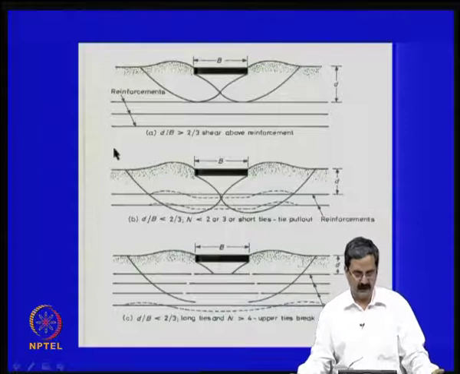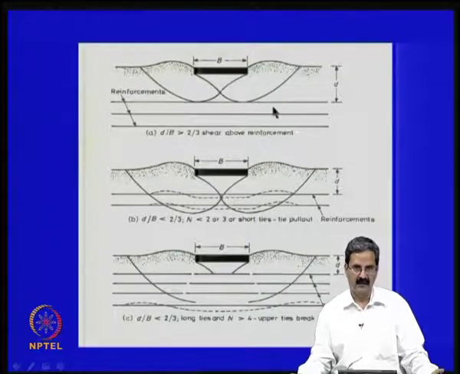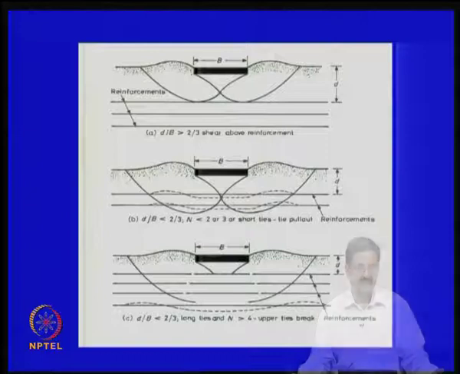Even in reinforced soil, you may put a nice reinforcement here, but if the depth of the reinforcement, say this is the breadth of the footing, like the footing is here, and you have to see that this reinforcement is somewhat close to this. We have to see that the failure surfaces that we have are intersected, otherwise there is no use. Like if there is a lot of distance between the bottom of the foundation and the top of the reinforcing element here, then there is no use.